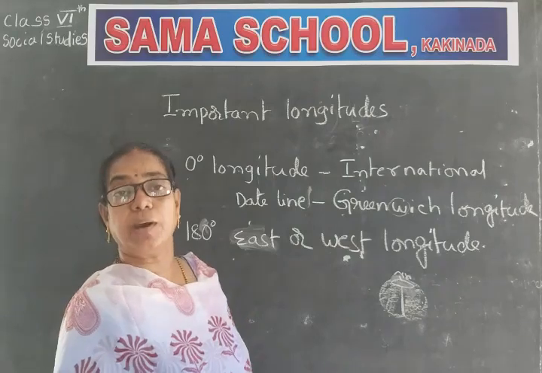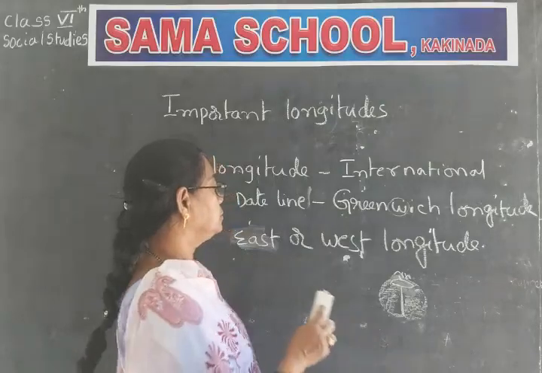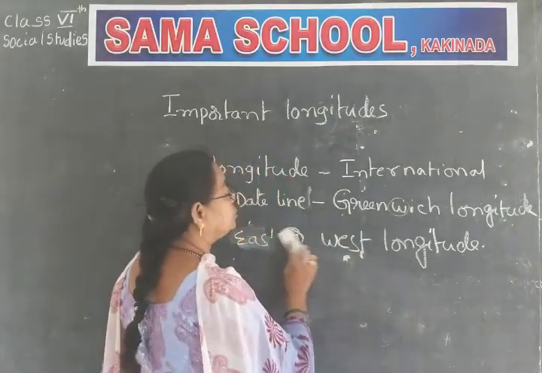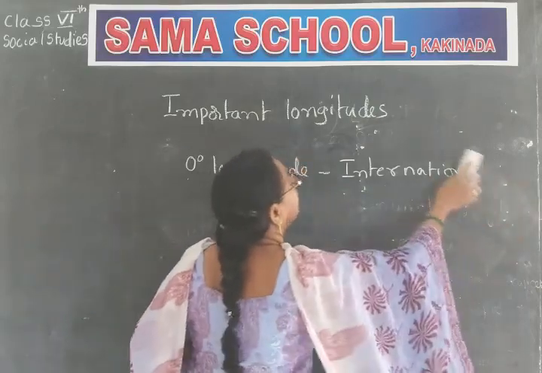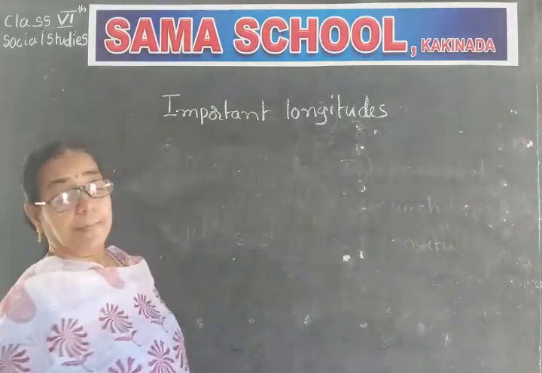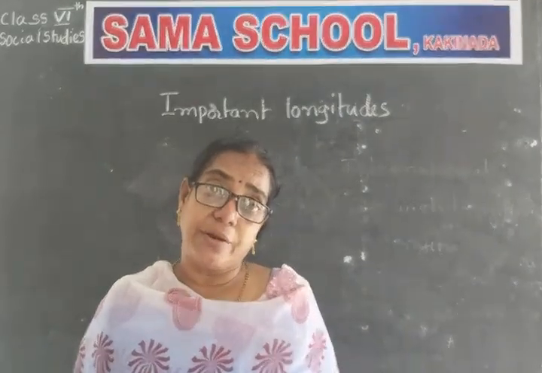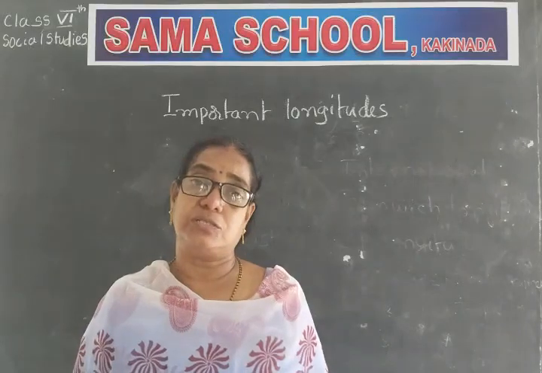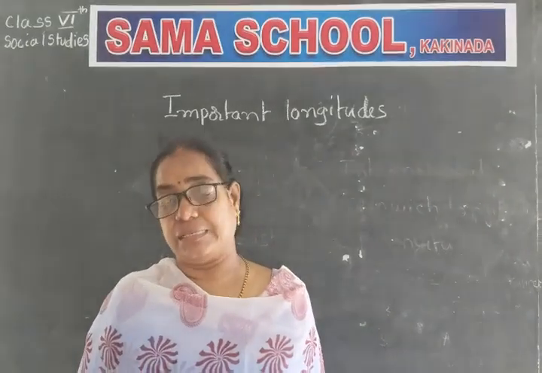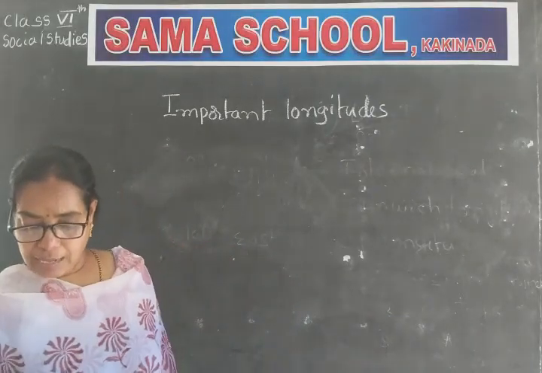These are the two important longitudes on the globe. 5 important latitudes are there. I already told that the equator is the largest latitude, but longitudes are all the same size. So that is about the important latitudes and longitudes.